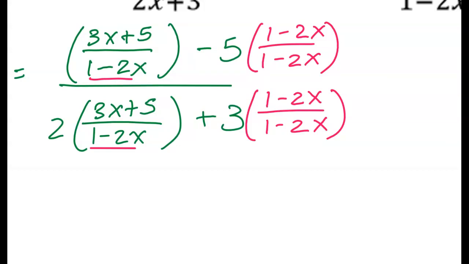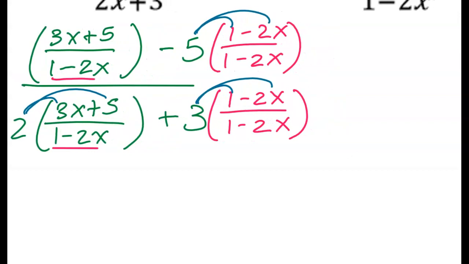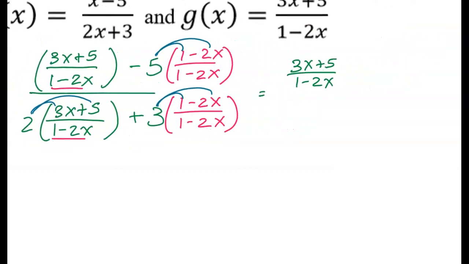So now, in order to start combining all these fractions, I do first need to distribute the whole numbers into the numerator. I know, just bear with me. So we end up with 3x plus 5 over 1 minus 2x. This is the only fraction that remains the same.